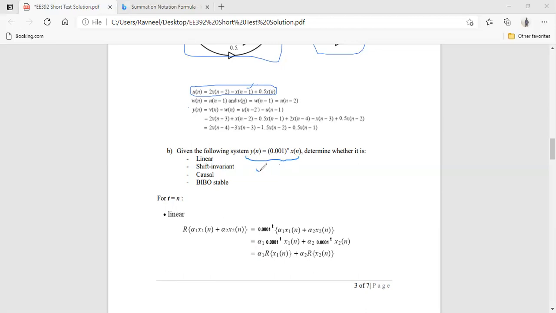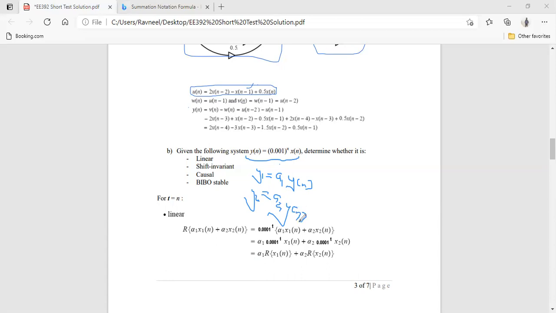So we consider y1 to be equal to a1 y of n, and y2 equal to a2 y of n.